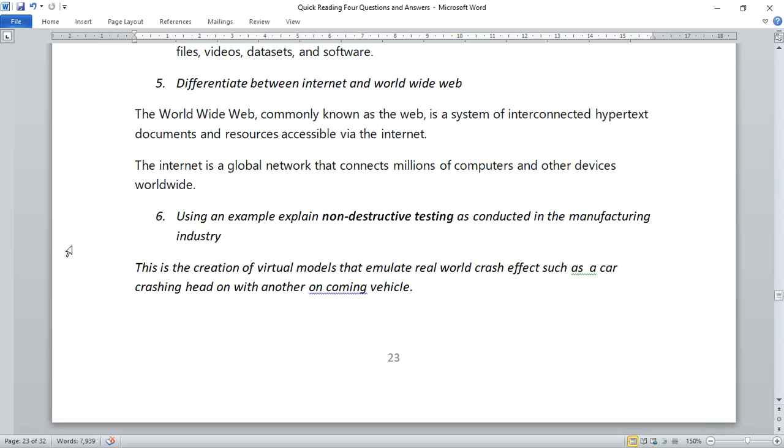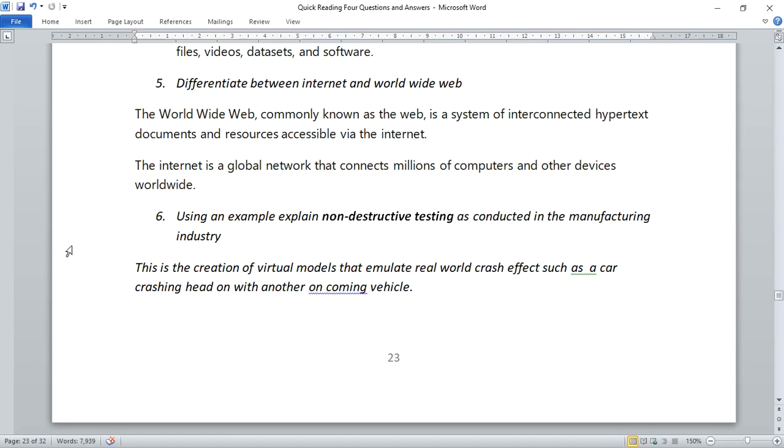Using an example, explain non-destructive testing as conducted in the manufacturing industry. Non-destructive testing here brings in the whole thing of simulation. So this is the creation of a virtual model that emulates or imitates a real-world situation. For example, you can simulate a car crash.